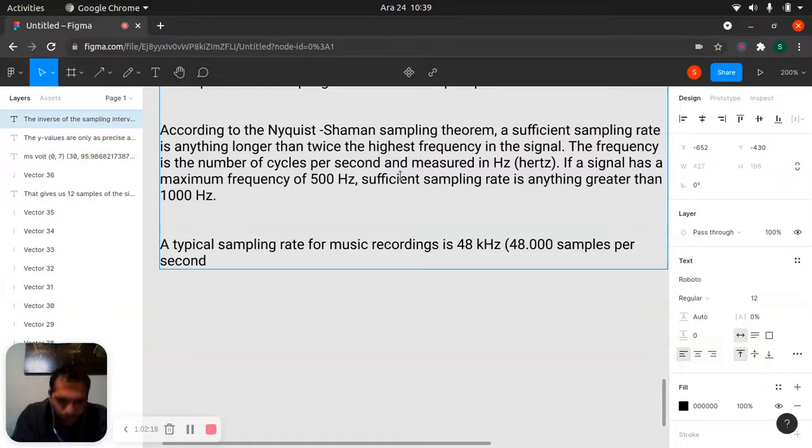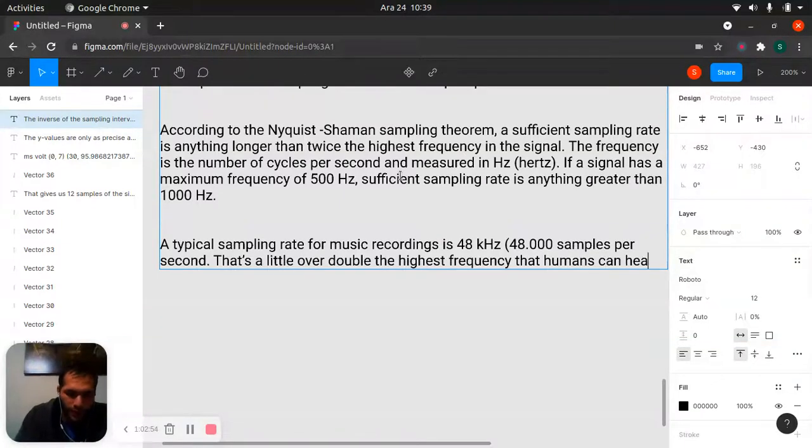Right. Let's close it and say that's a little over double the highest frequency that humans can hear.